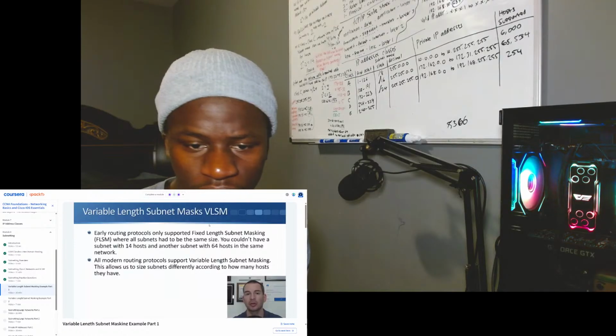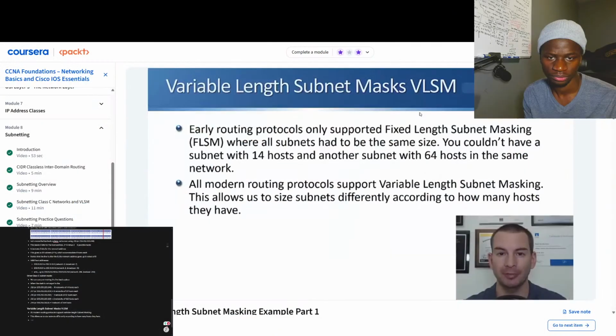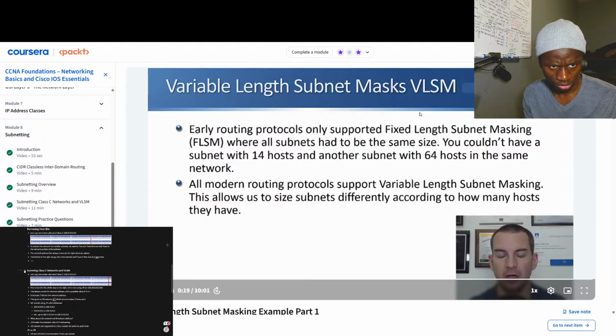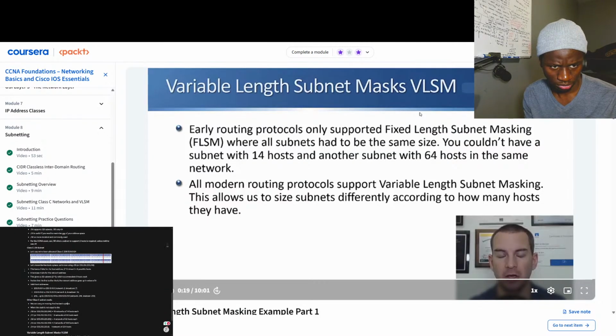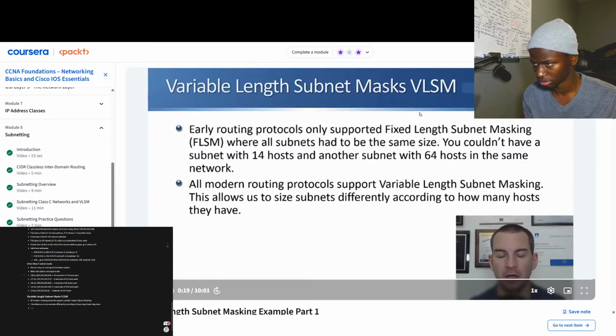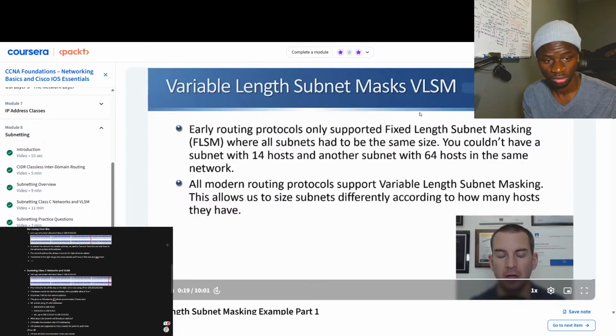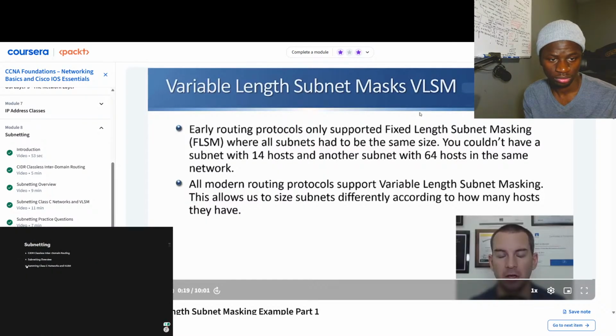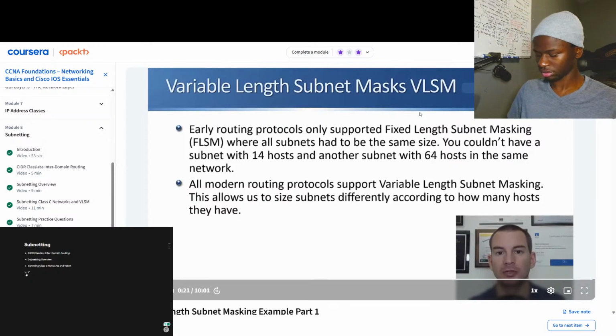In this lecture, we're going to carry on with our subnetting theme, and by the end of the lecture, you will be able to carry out a variable length subnet mask design for a real-world network topology.